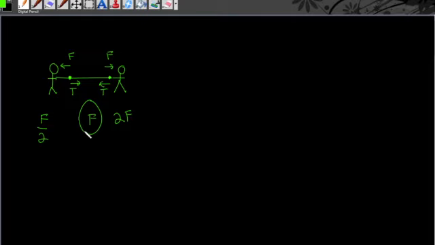Also, it wouldn't make sense for the tension to be F over 2, because then this part would be accelerating this way, and this part would be accelerating that way, and they would sort of cancel out, but the rope would be stretched. Same thing with 2F.